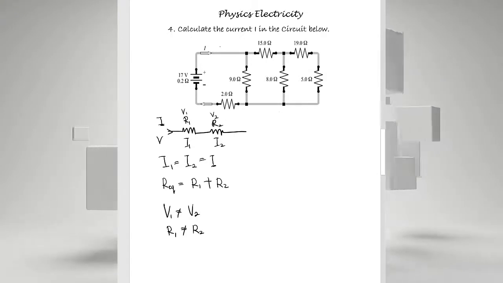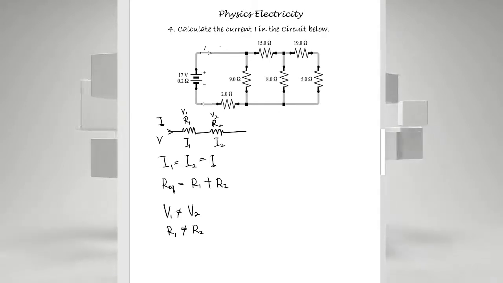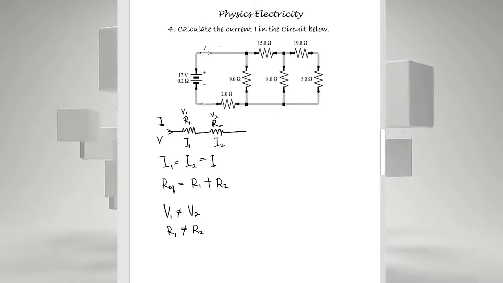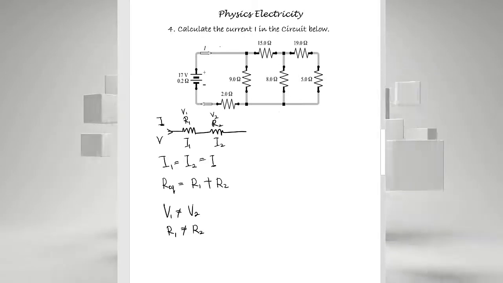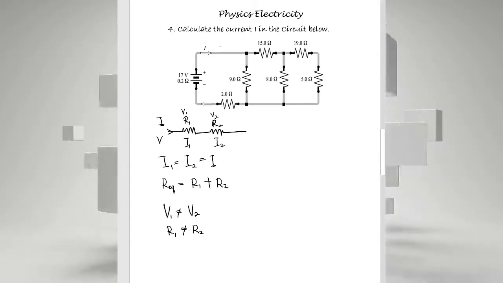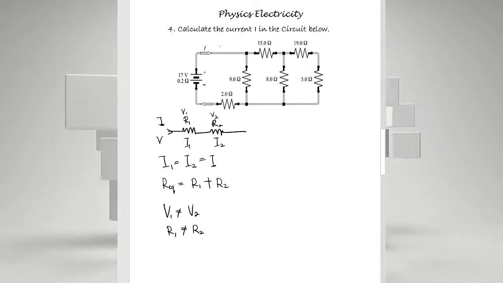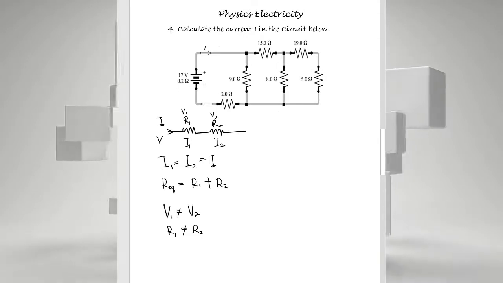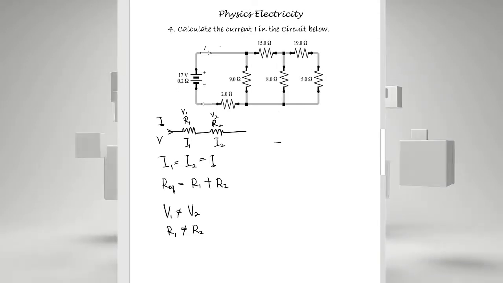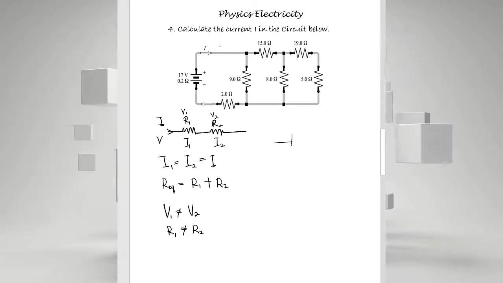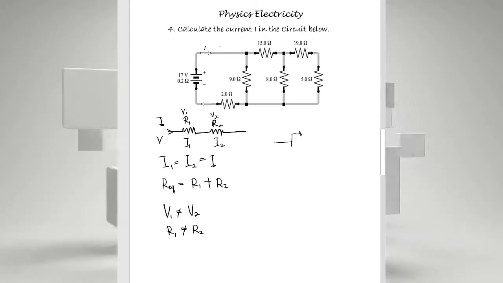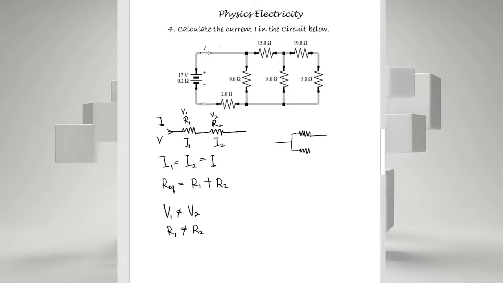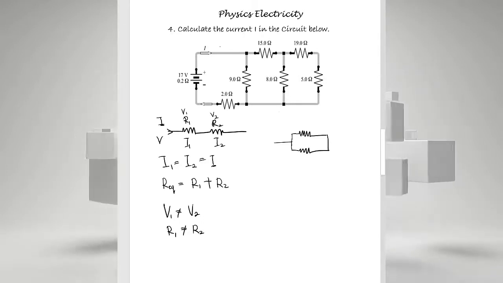Now, let's look at when we connect resistors in parallel. What happens when we connect them in parallel? So let me just give a drawing of a simple parallel connection. We have something like this. And this is how we draw a parallel connection.